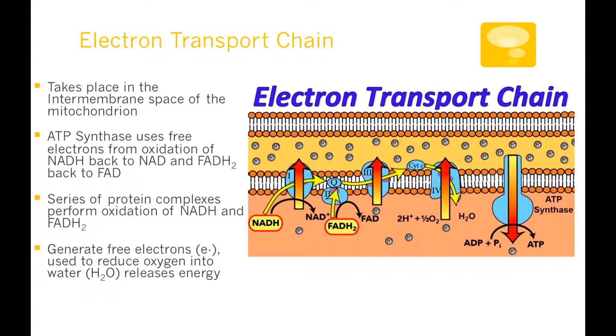The inner membrane proteins oxidize NADH and FADH2, and they pump protons, or hydrogen ions, into the intermembrane space. ATP synthase uses the protons from the oxidation of NADH back to NAD and FADH2 back to FAD.